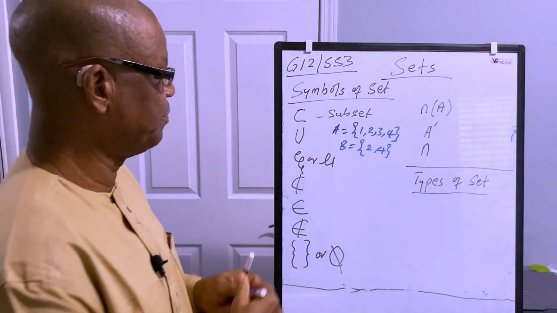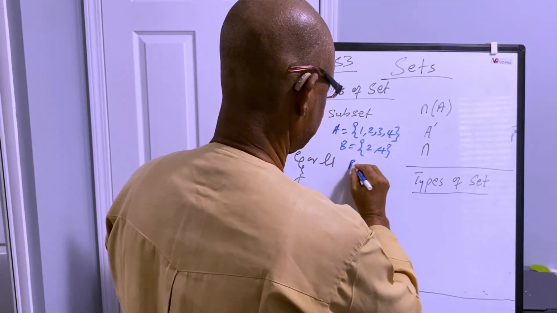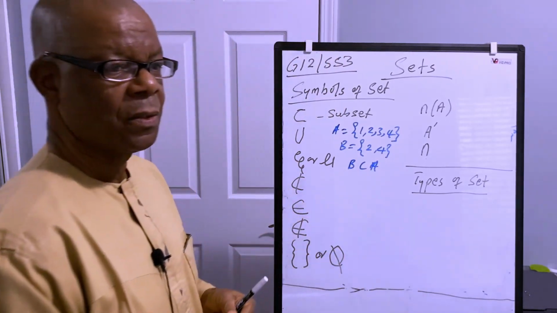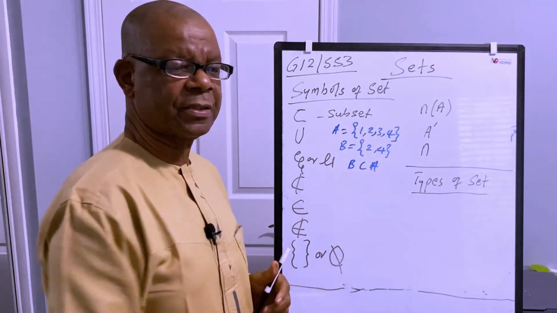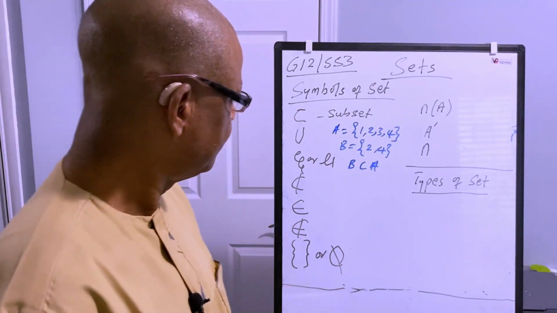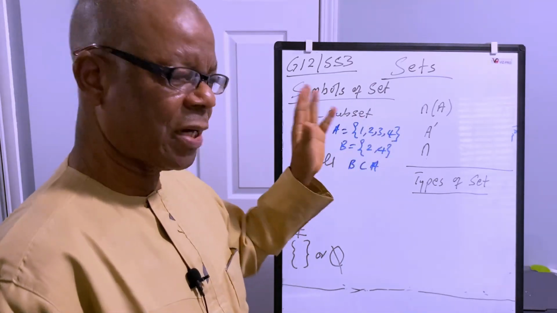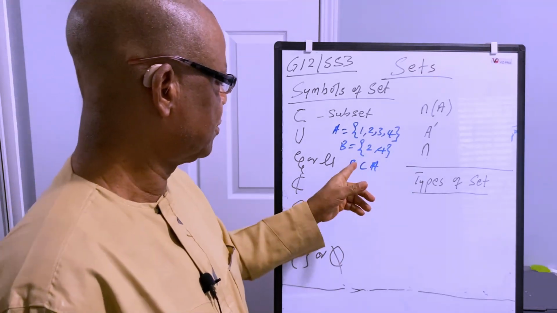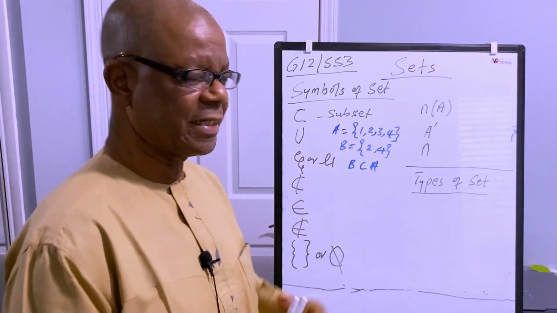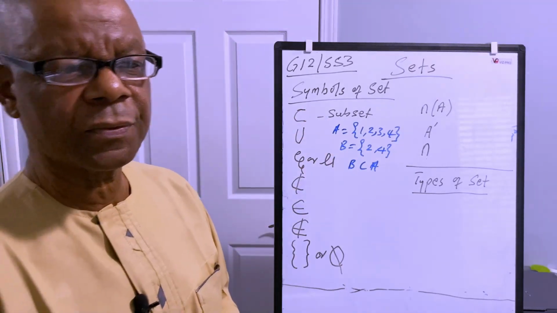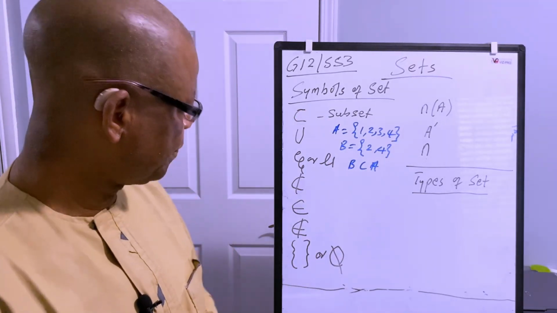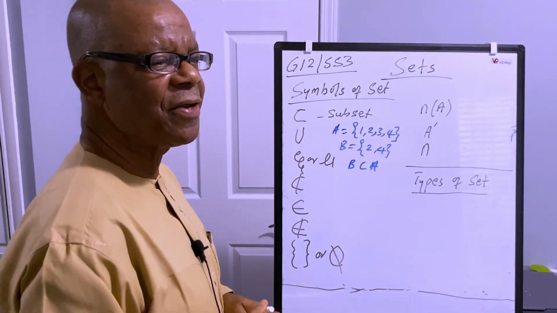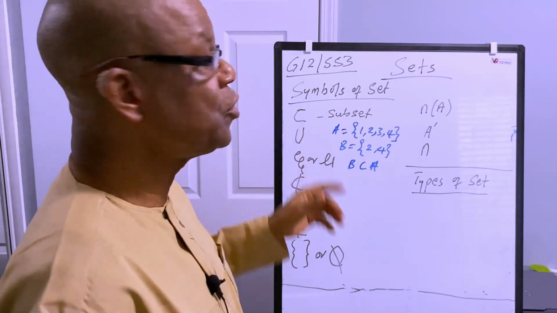We now say that set B is a subset of set A. Everything in set B is contained in set A, and set A must have more elements than set B. So set B is a subset of set A. That is for this symbol. We use this for subset.